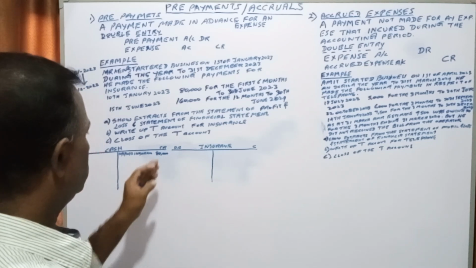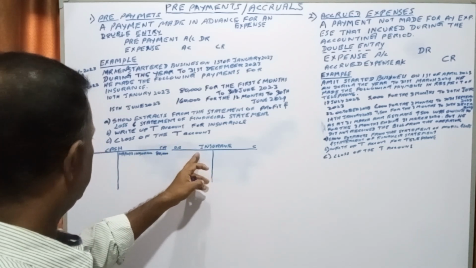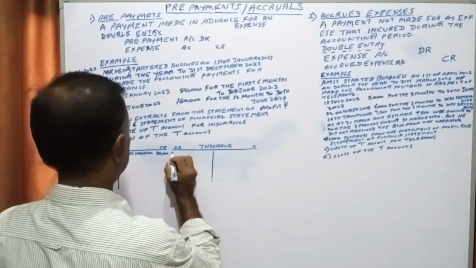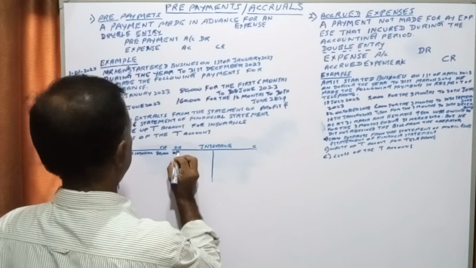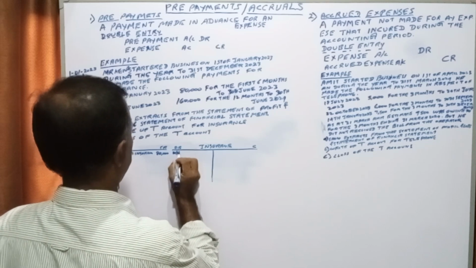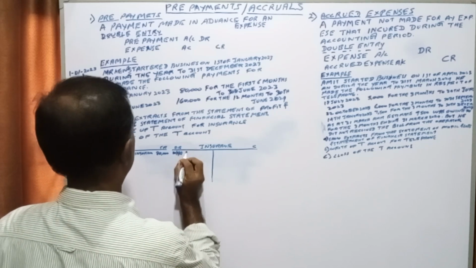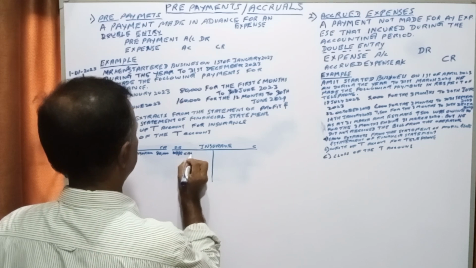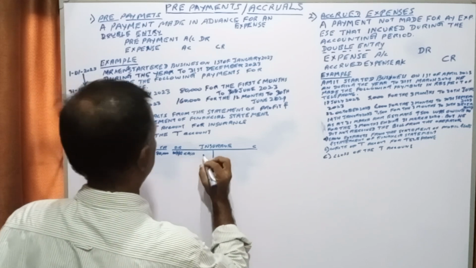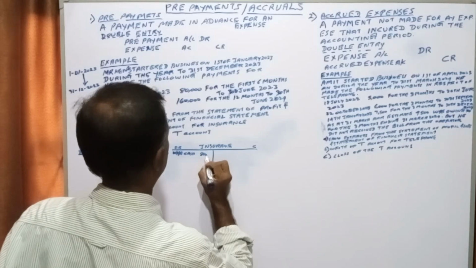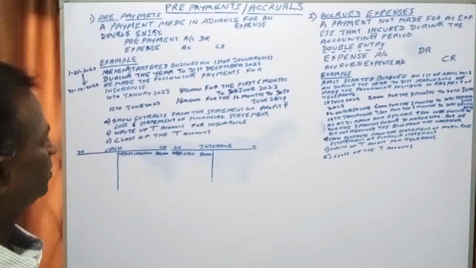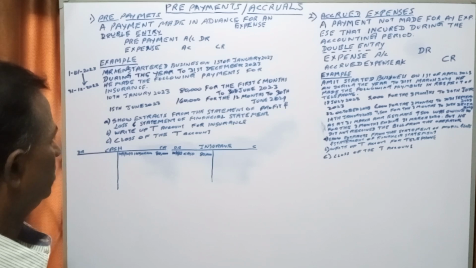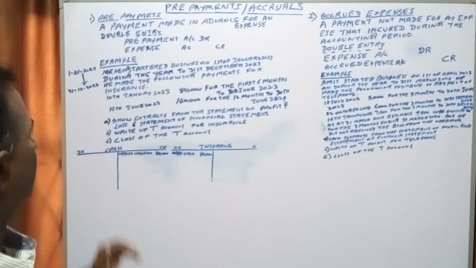So the insurance account we are going to debit on 10th January 23, cash 80,000. 80,000 was paid. So for that we have made the adjustment.